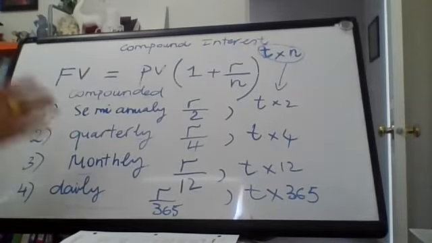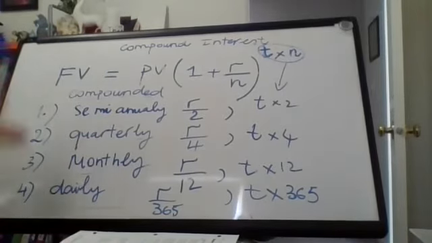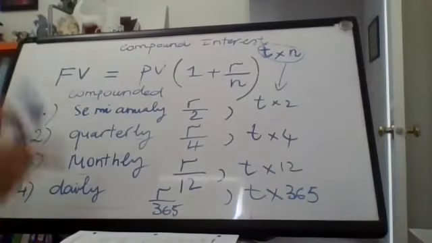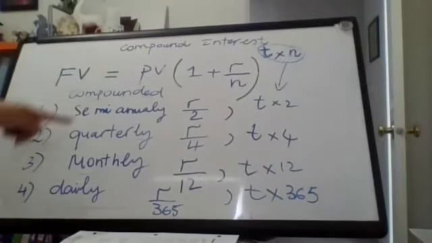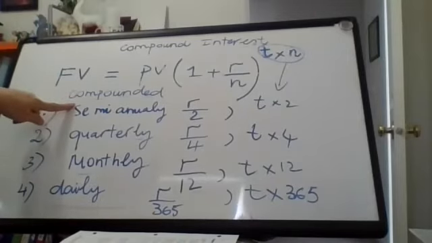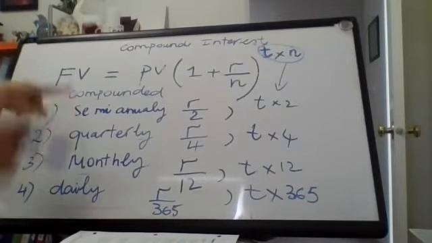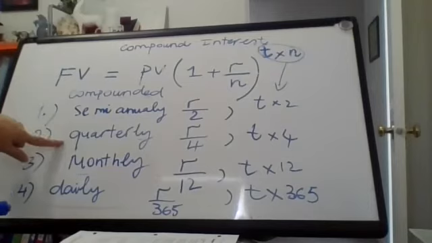And you assume that if you do compound it semi-annually, then the next question will be based on the same thing, which is compounded semi-annually. But you do not realize that the next question might not ask you the same thing semi-annually, but they ask you in quarterly, or they ask you in monthly.